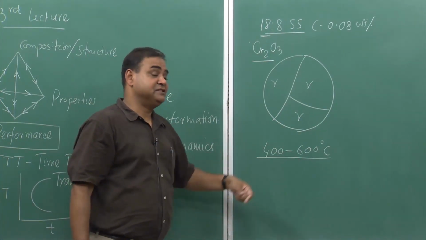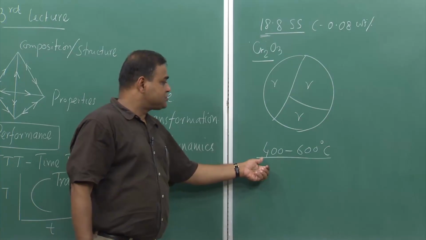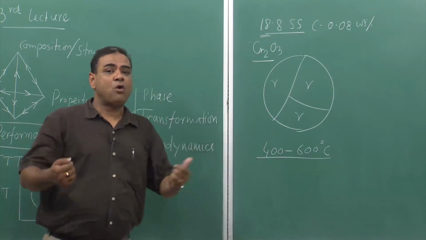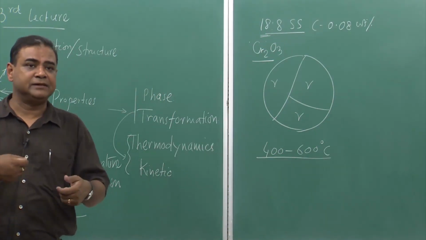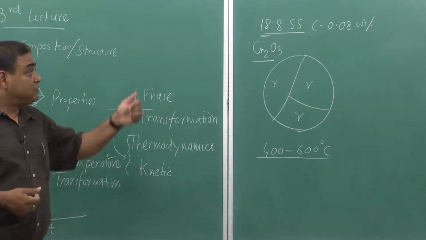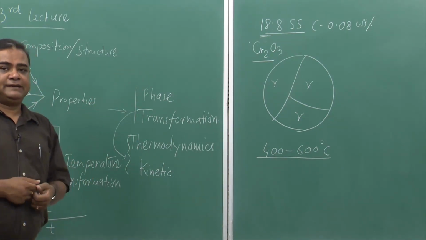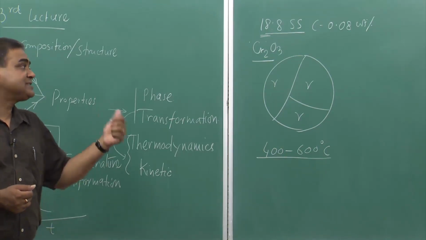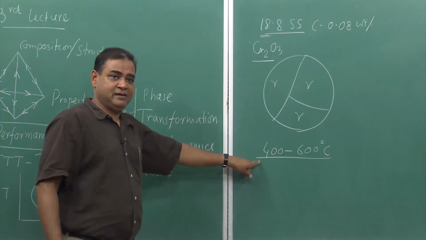During operation, let us say we want to weld particular sheets, a stainless steel plate of this composition, then somehow during cooling it has to go through that temperature range. Okay?